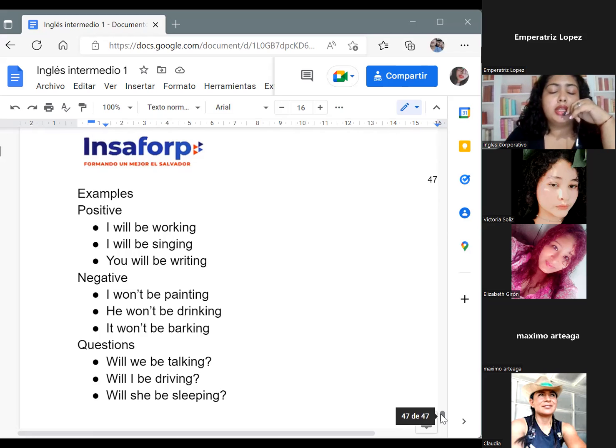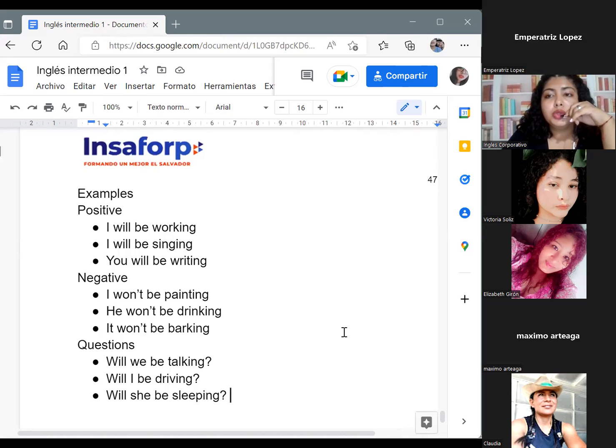Remember that the form of the continuous is to add ing at the end of the verb. For the negative: I won't be painting, he won't be drinking, it won't be barking. And in questions: will we be talking? Will I be driving? Will she be sleeping?